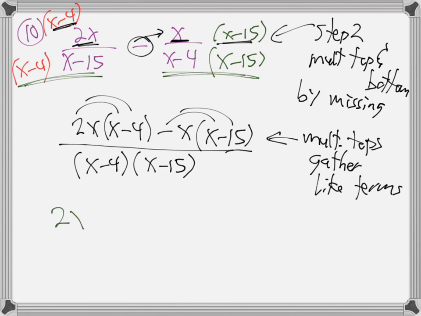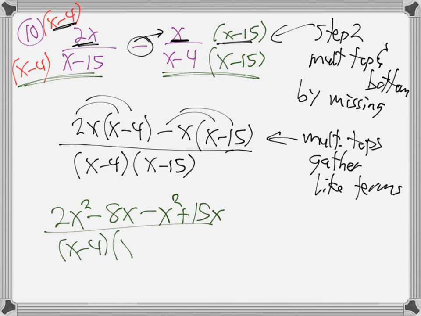So we get 2x squared minus 8x minus x squared plus 15x. We good there? We get the 8 from here, from the first one. We good? And then we added.